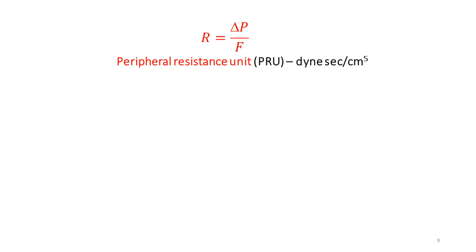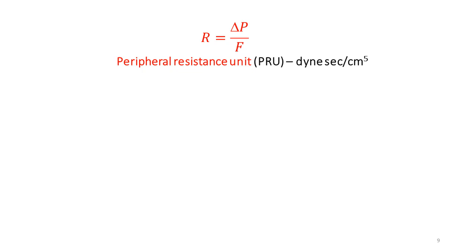Let me give another example. If the pressure difference between the systemic arteries and systemic veins is 100 millimeters of mercury and the average blood flow is 100 milliliters per second, the peripheral resistance, named total peripheral resistance, is 1 PRU. So you can find a partial peripheral resistance unit for each part.